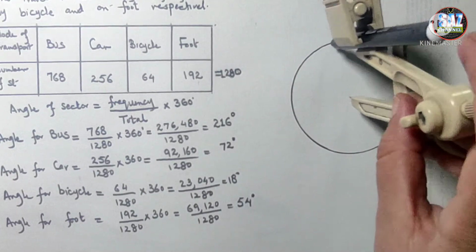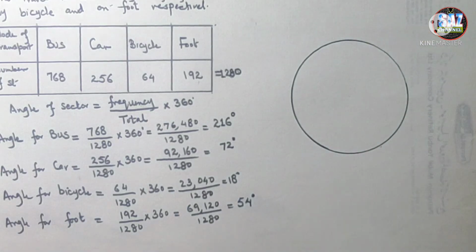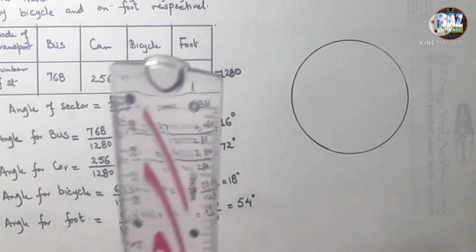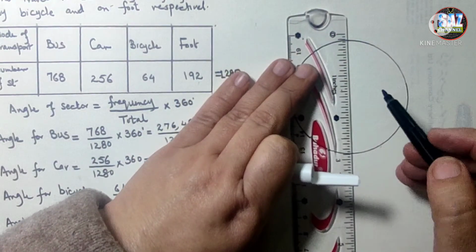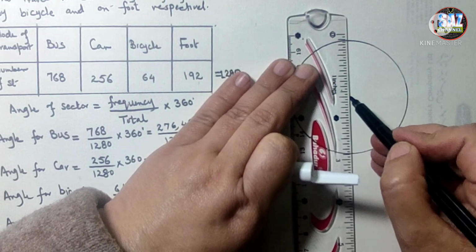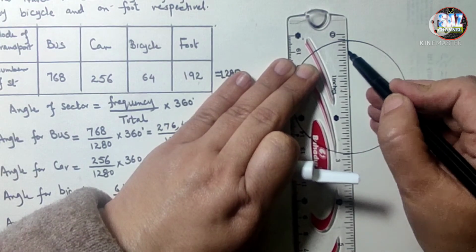This is the center of the circle. Then we draw the radius and fix the starting line here. After that, the rest is the job of the protractor.